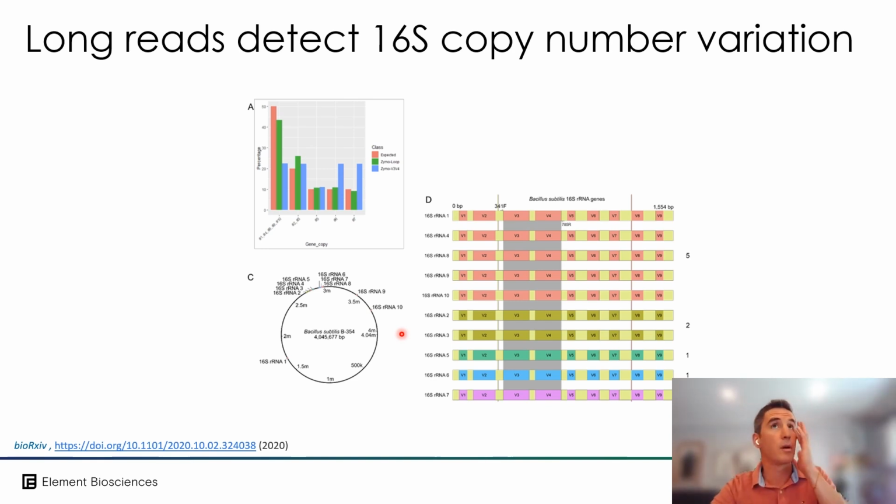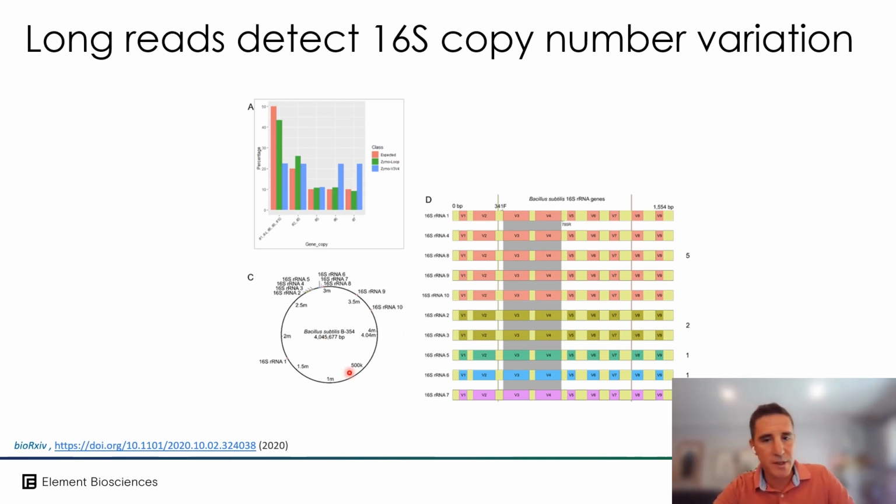So 16S sequencing provides not only more resolution because you're reading more variable regions, but there's also enough information in that long read to differentiate between the different copies present in the genome, which is not always the case with short reads. If the variation from one copy to another exists in a variable region that you're not sequencing, for example variable region 9, but you're only sequencing V3, V4, then you really won't be able to differentiate between the different copies in the genome.